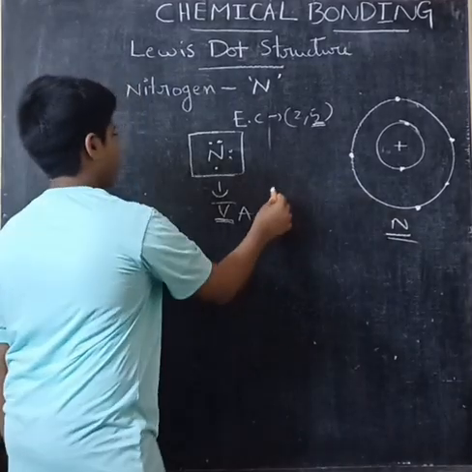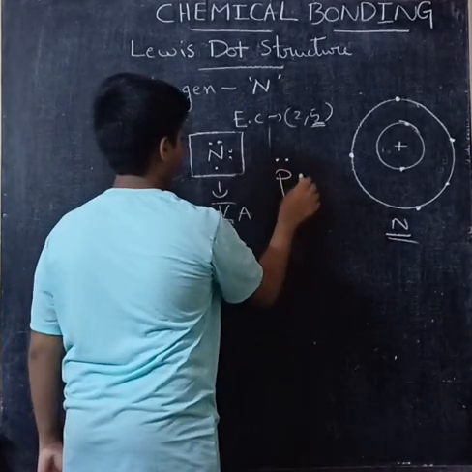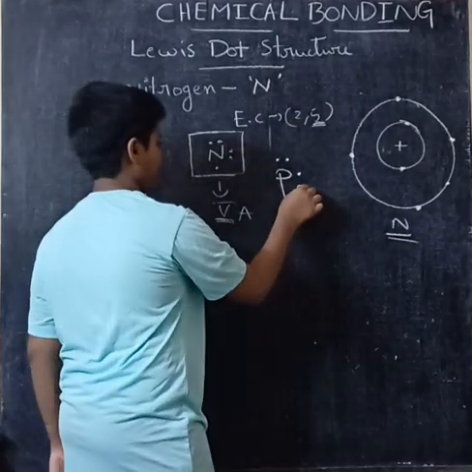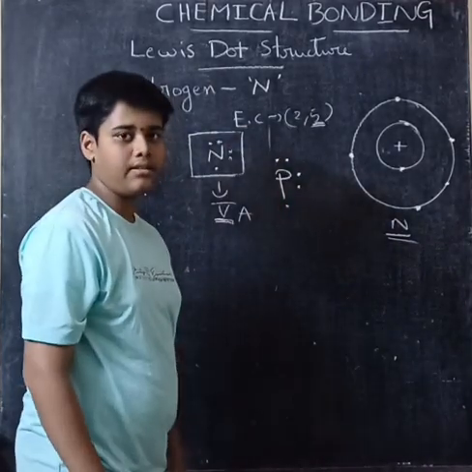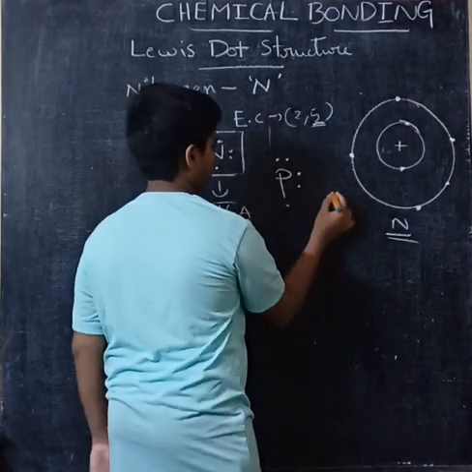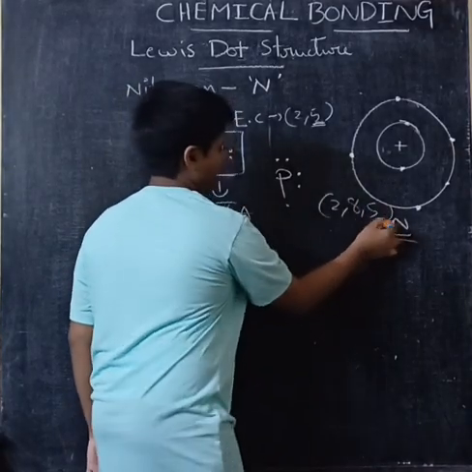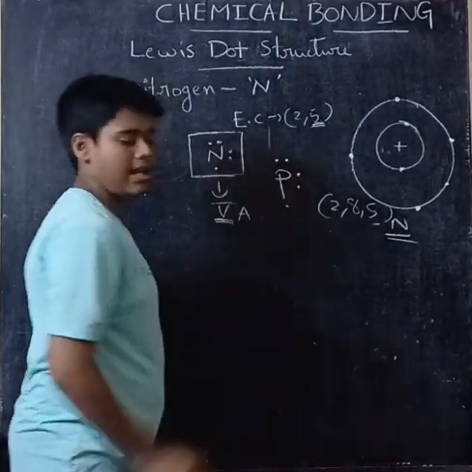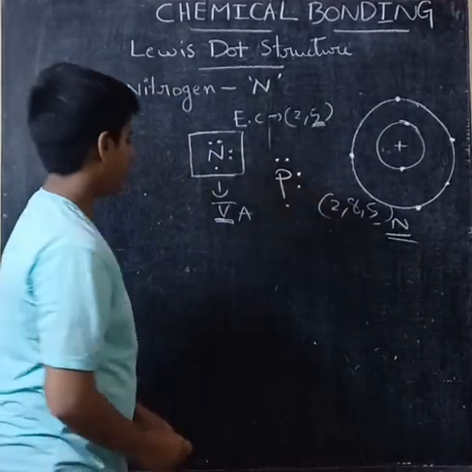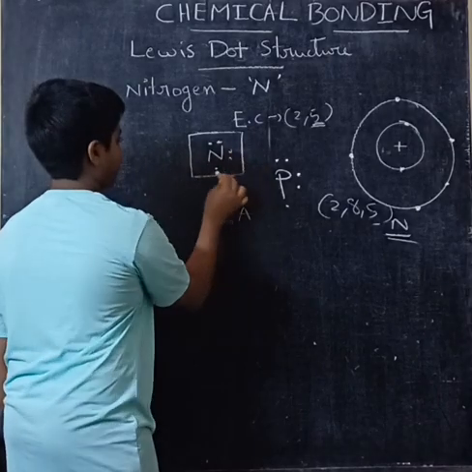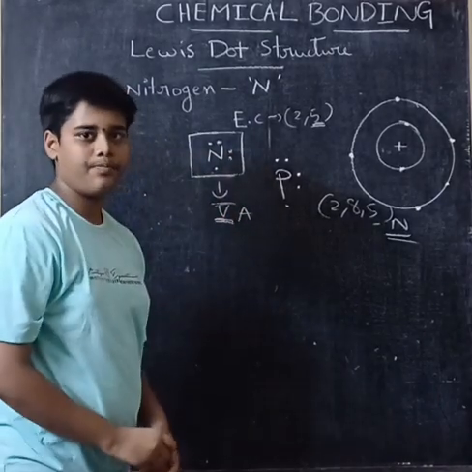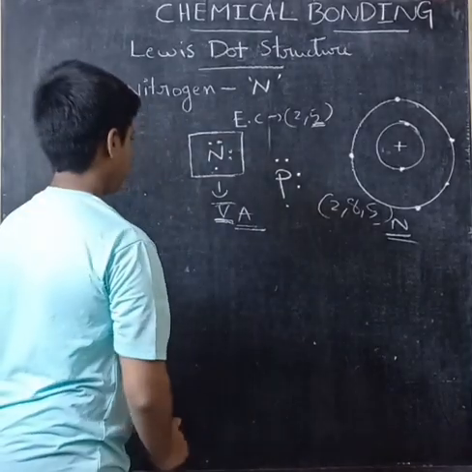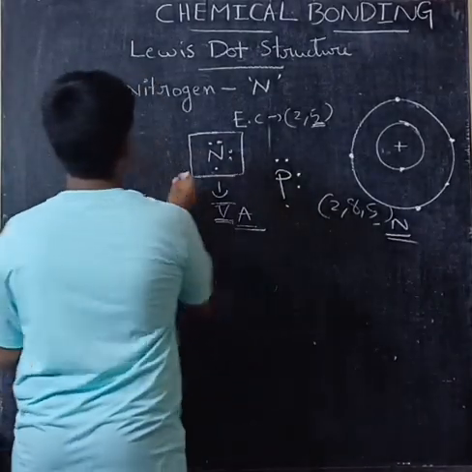Okay, and if we take phosphorus in that same group, according to Bohr's theory phosphorus is 2, 8, 5, and here the valence electrons are 5. If we represent it like this, it is also a Lewis dot structure. Here these 5 dots represent the group number also. We should not consider the A. So this is the Lewis dot structure.